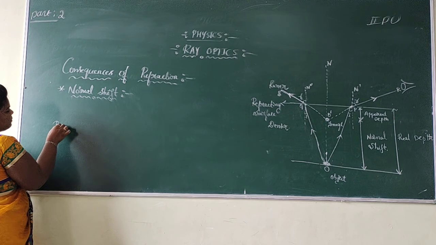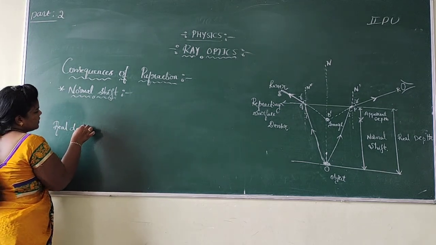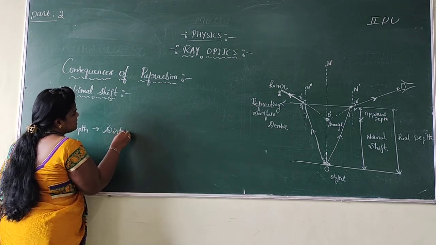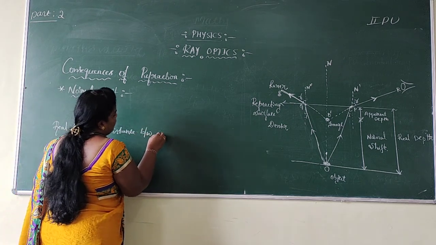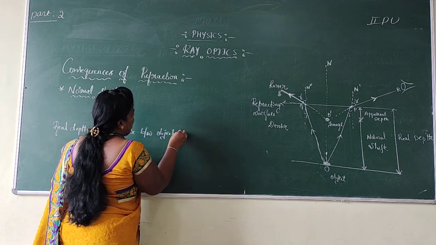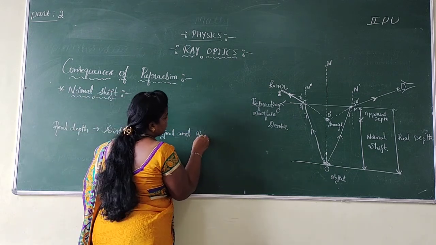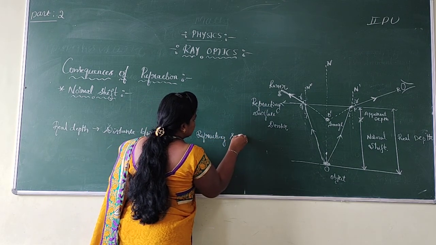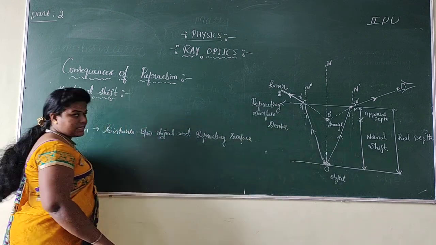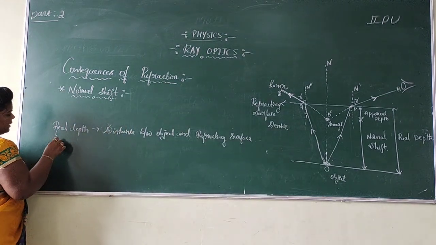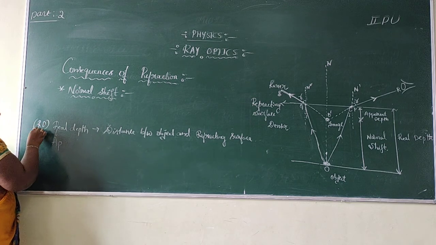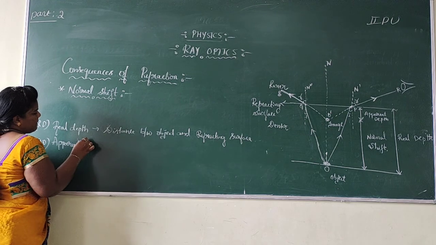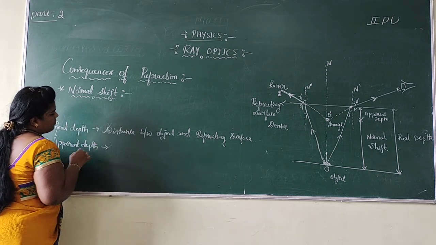So let me write the real depth now. What is the real depth, my dear students? Real depth is the distance between the object and the refracting surface. That is called the real depth. It is represented by capital D. And apparent depth is written as D dash.